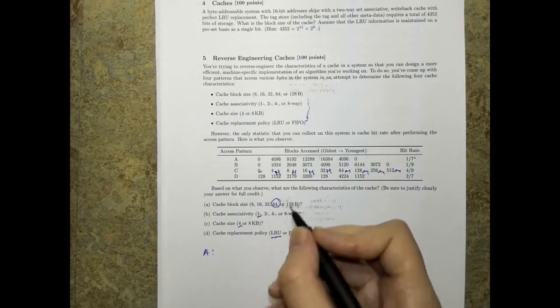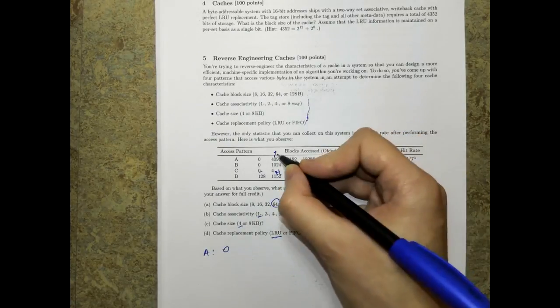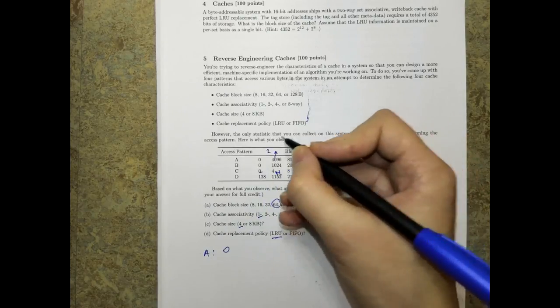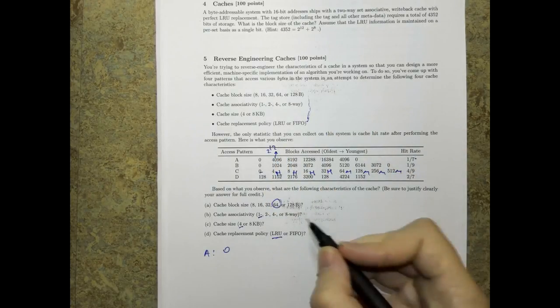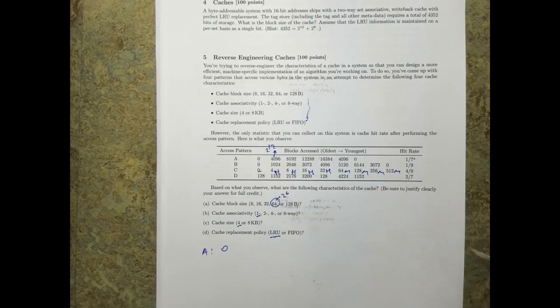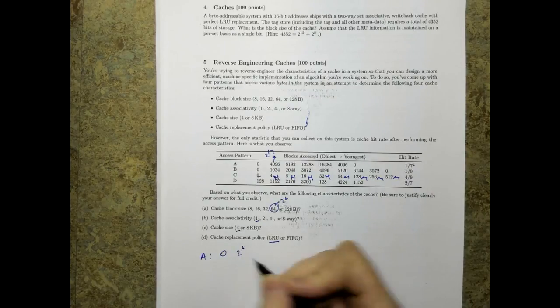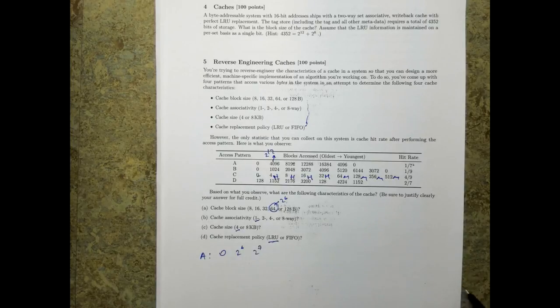For address 0 divided by 64, it is 0. It is easier to work with powers of 2, actually. So this is equal to 2 to the 12, and 64 is 2 to the 6. If you do the division here, it is 2 to the 6. And for this one, it is 7. For this one, it is not divisible, right?